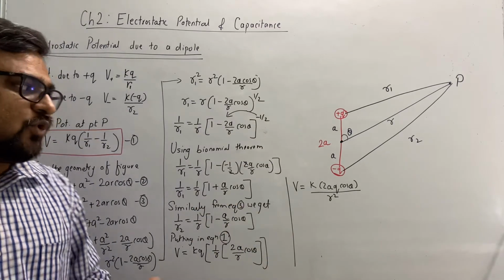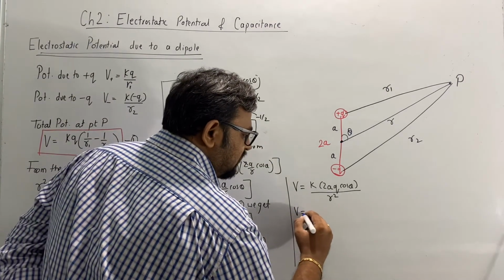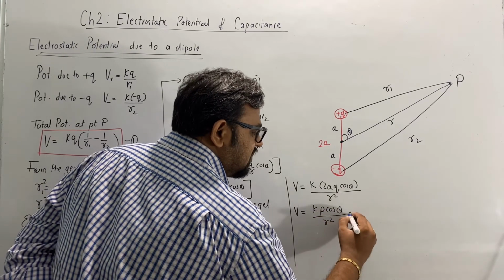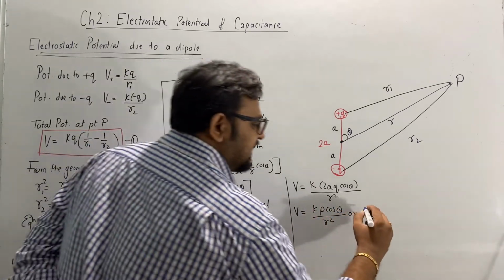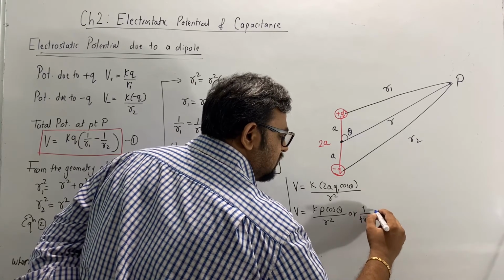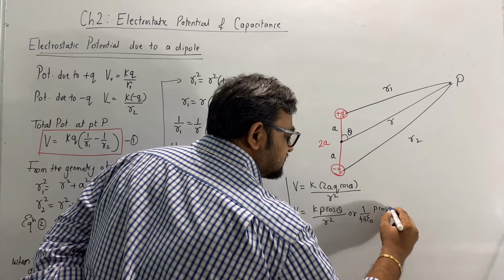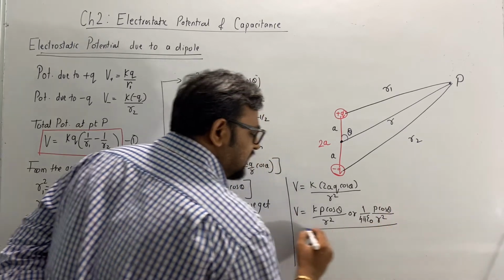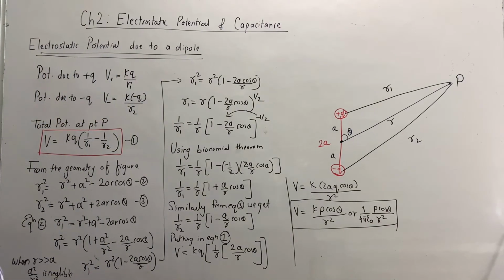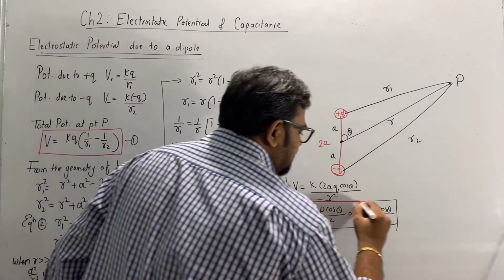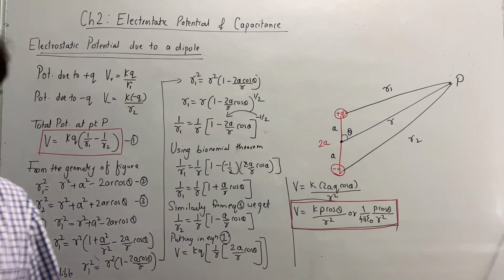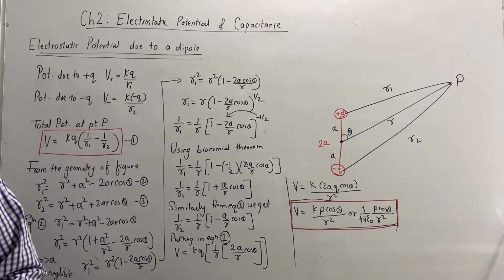So V will be equal to Kp cos theta upon r square, or instead of k I can write 1 by 4 pi epsilon 0, p cos theta upon r square. This is the equation of electrostatic potential of a dipole, or electrostatic potential of an electric dipole. Okay? Clear? So this is the equation.